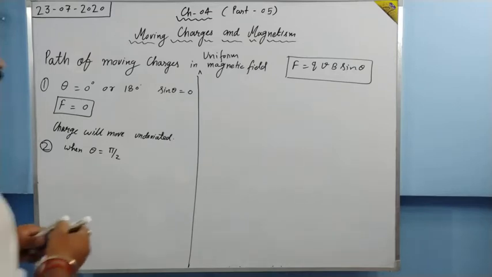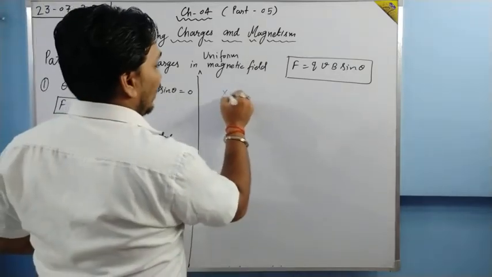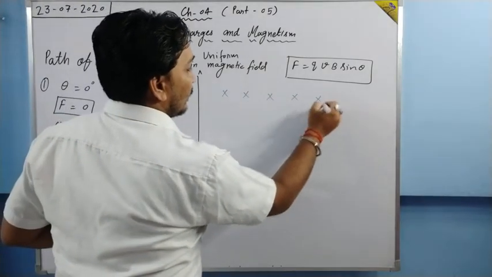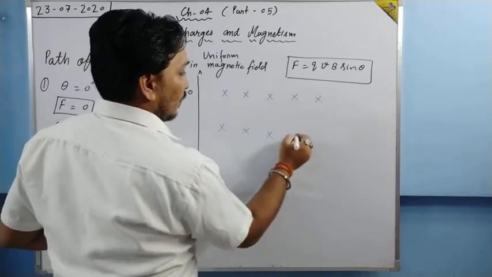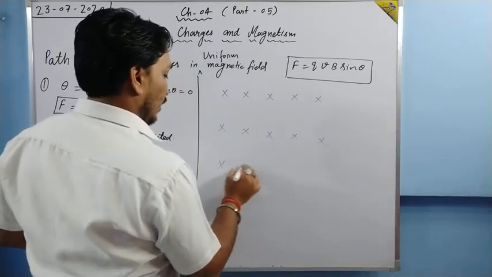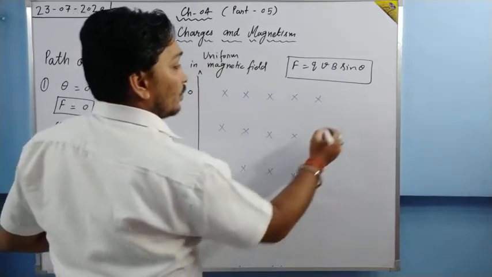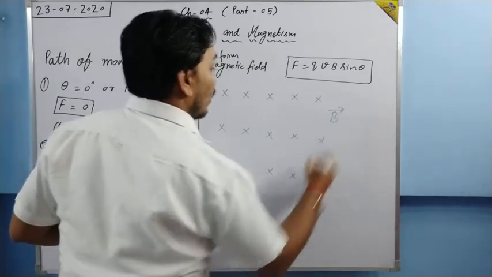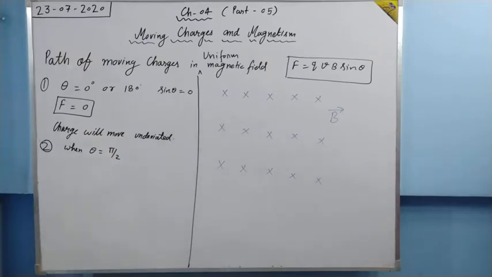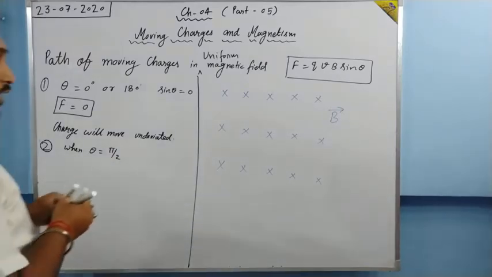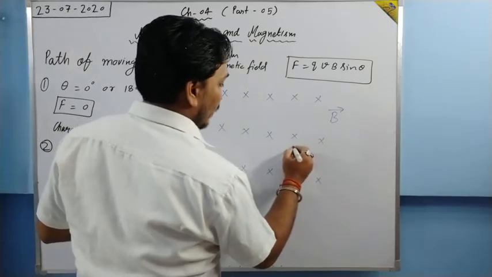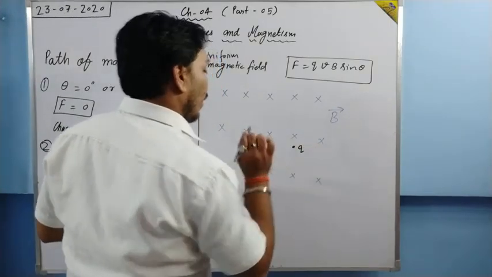Suppose a magnetic field is present in the space, and this magnetic field is basically uniform, and it is given by B vector. A charge is kept over here only. It will not have any velocity.